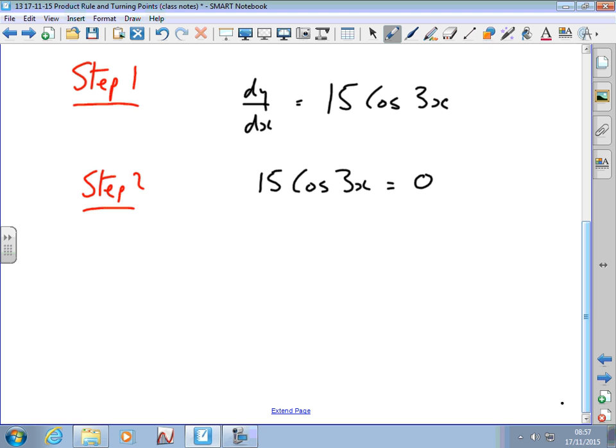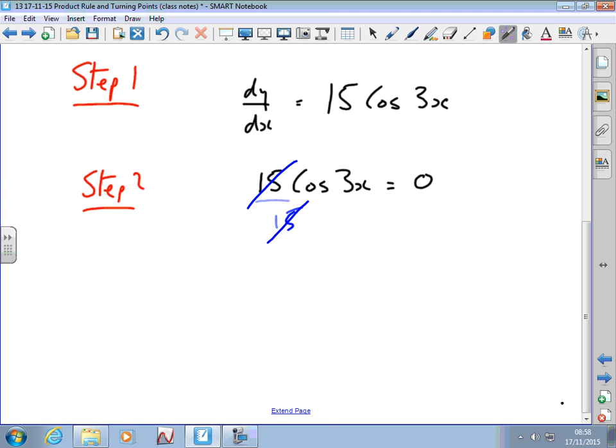First of all, the fact that the right-hand side is 0 is often very helpful, because I can multiply or divide by anything I like, and it will always be 0. So if the cos 3x is multiplied by 15, if I divide by 15, they would cancel. And 0 divided by 15 is still 0.